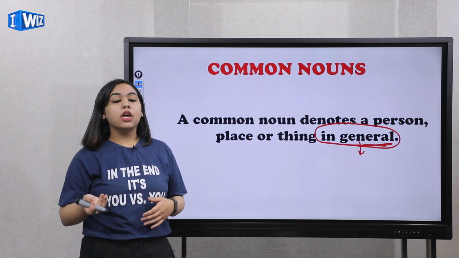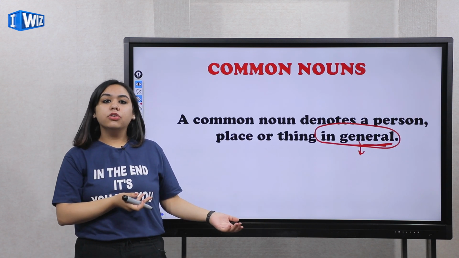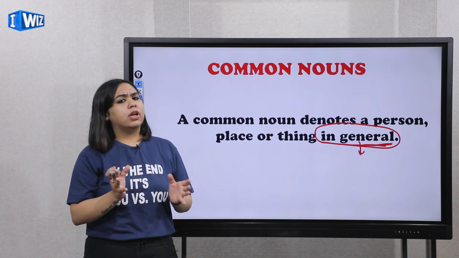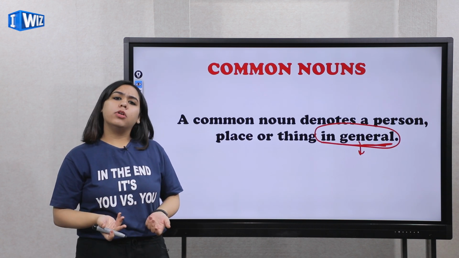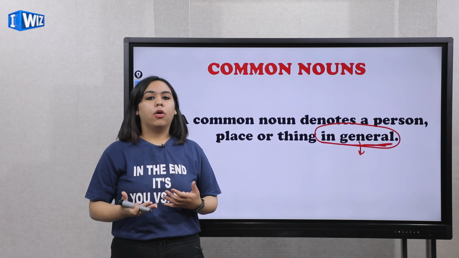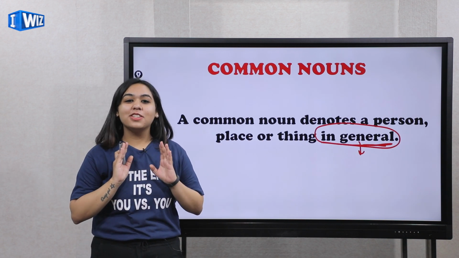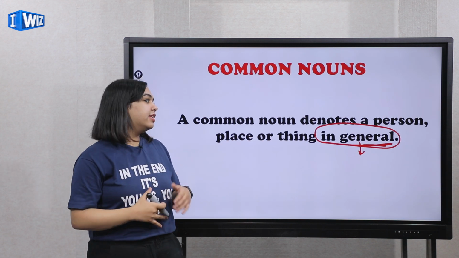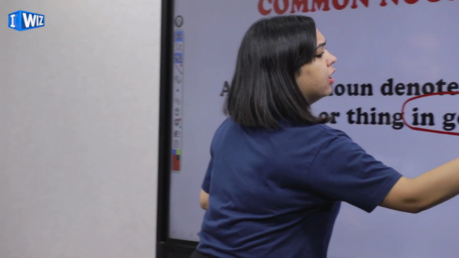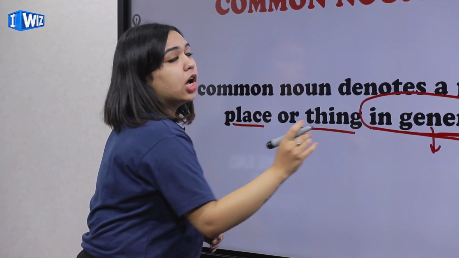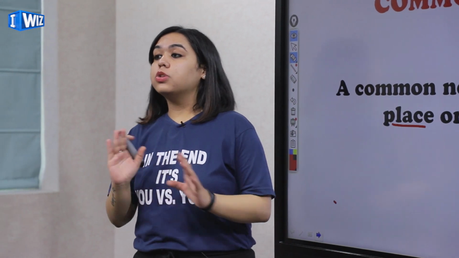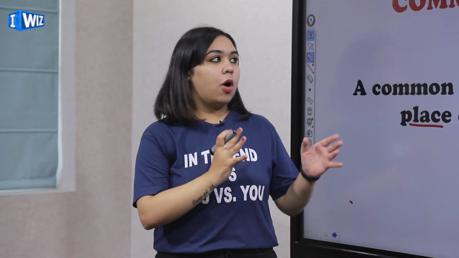For example, if you say, I met a boy outside the school. You are just saying that I met a boy. Here the boy would be a common noun. You are not specifying the name. So in common nouns, you are not specifying. It's just general. So just keep in mind that these persons, places, or things are in general, with no specific names. So these will be common nouns.